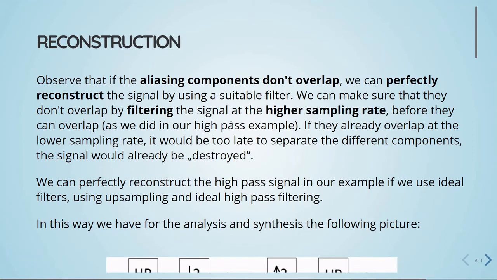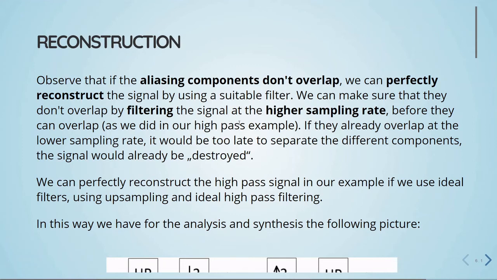We've seen downsampling, we've seen upsampling, and we can see the reconstruction. In the case that the aliasing components don't overlap, we can perfectly reconstruct the signal by using a suitable filter. We can make sure that they don't overlap by filtering the signal at the higher sampling rate before they can overlap, as we did in our high-pass example.